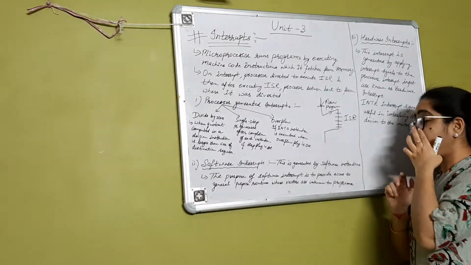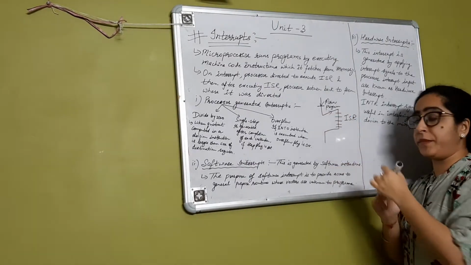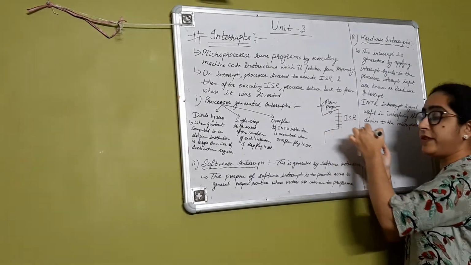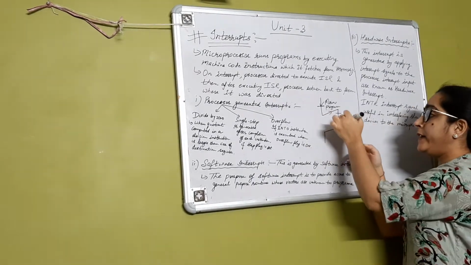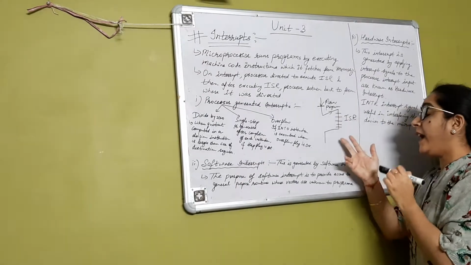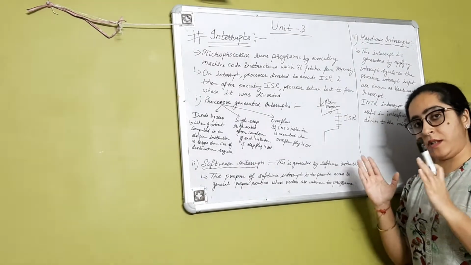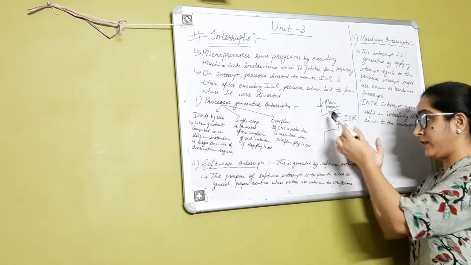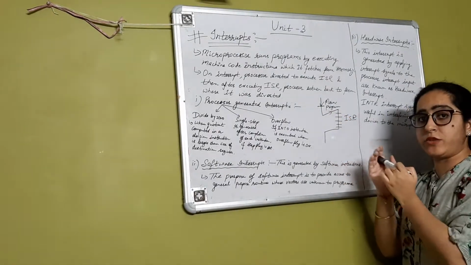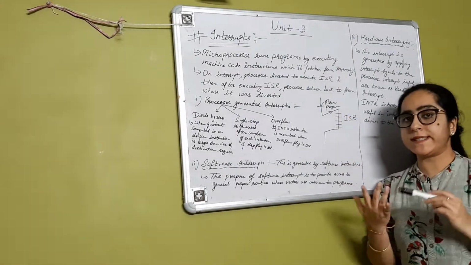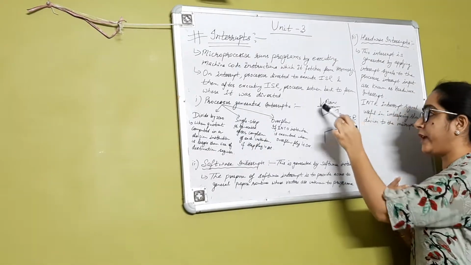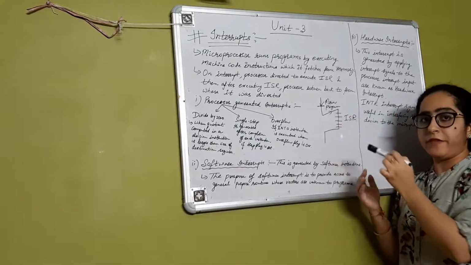Now, before going to the interrupt service routine, there are things which need to be taken care of and saved. Firstly, it sees the address location which needs to be fetched.